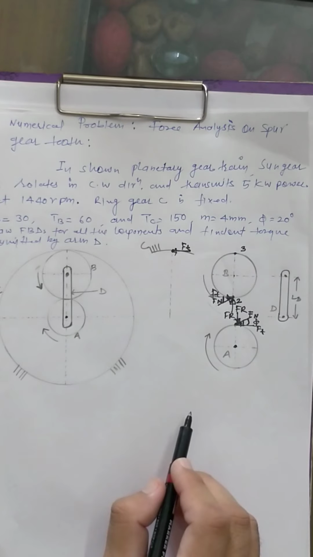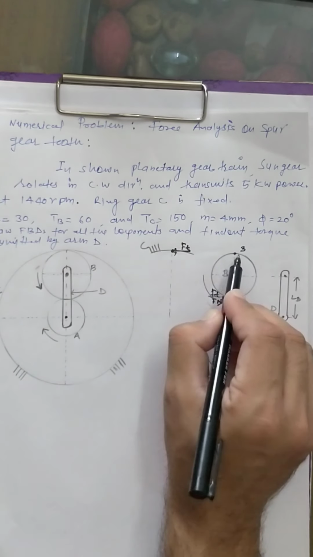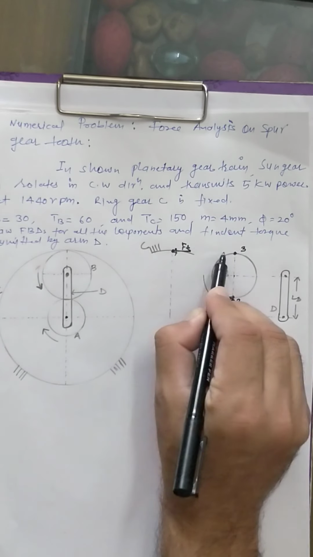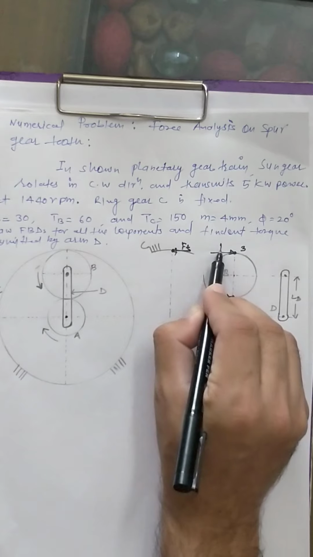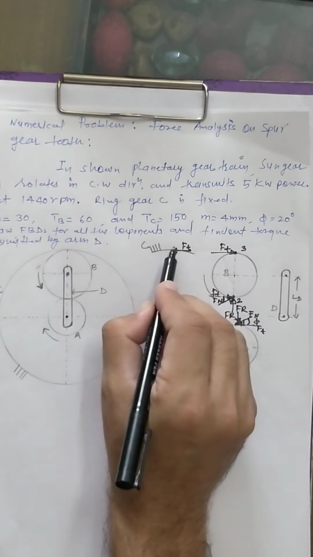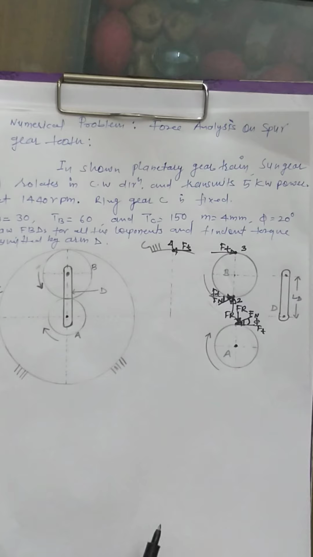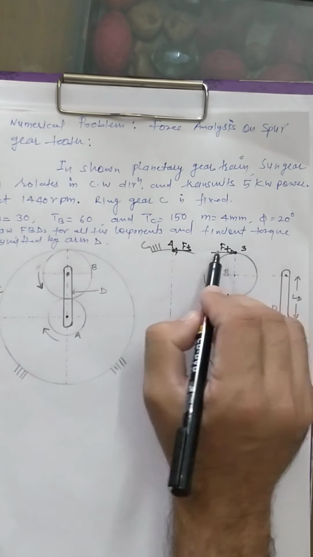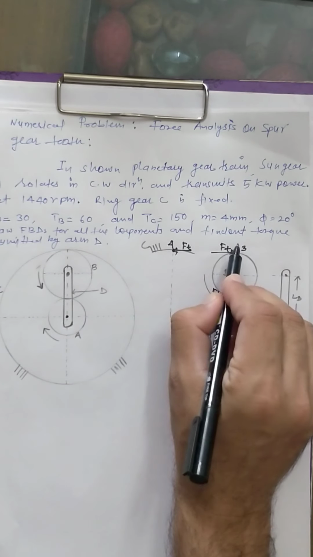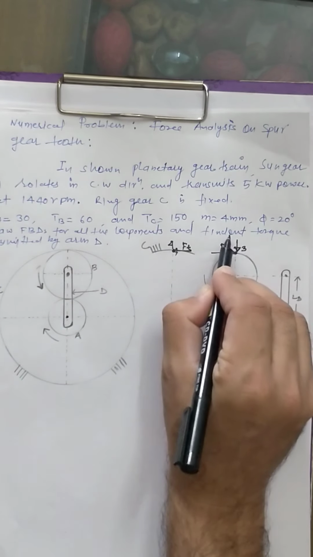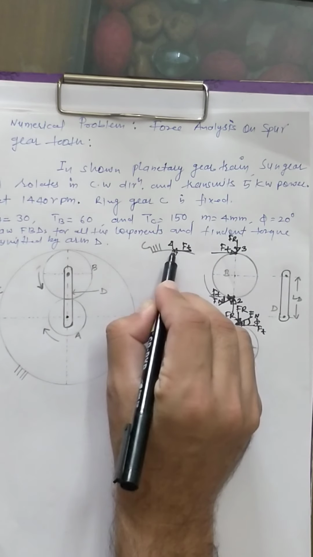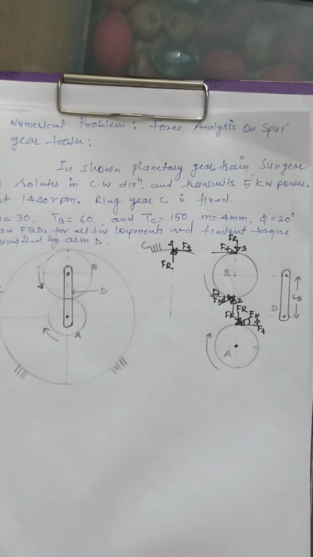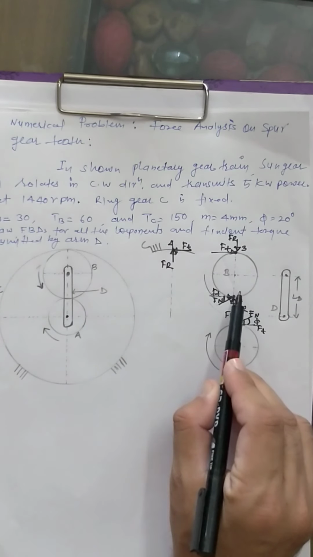And according to the action-reaction rule, there would be one force on point 3 that would be just opposite to this Ft at this point, right? Suppose this is point number 4. Similarly, there would be one more radial component of force in this direction, Fr, and similarly at this point there would be an Fr.